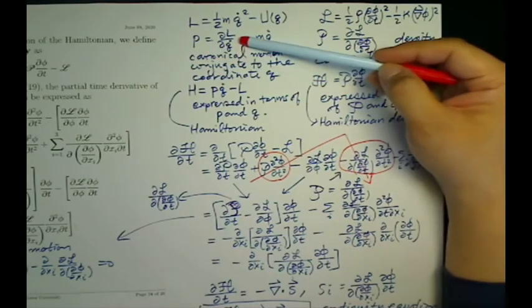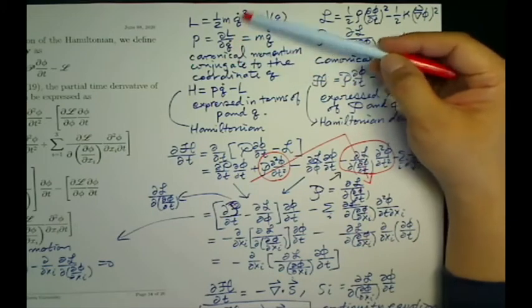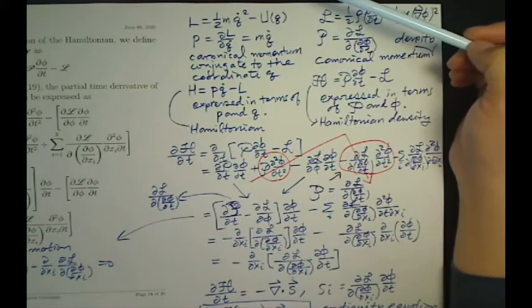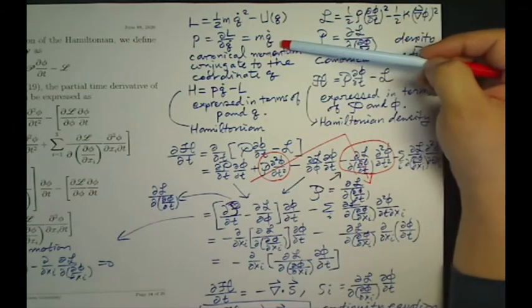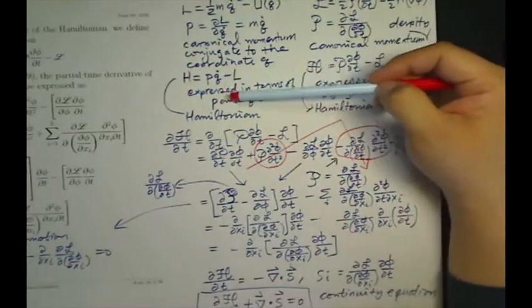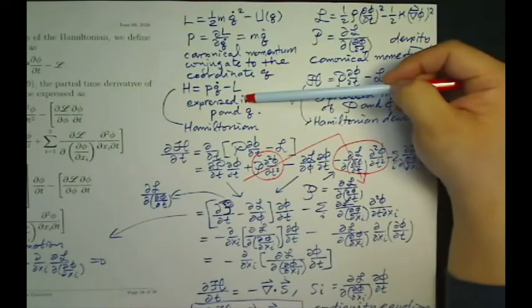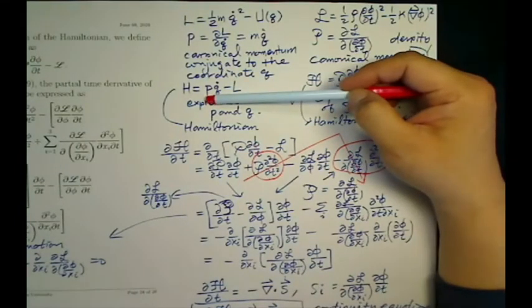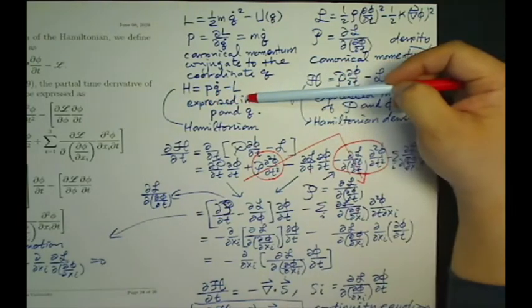The canonical momentum is the derivative of the Lagrangian with respect to the time derivative of the generalized coordinate. In the non-relativistic theory, it should be m q dot. The Hamiltonian is obtained by making a Legendre transformation, that is, the canonical momentum multiplied by the velocity, subtracted by the Lagrangian.